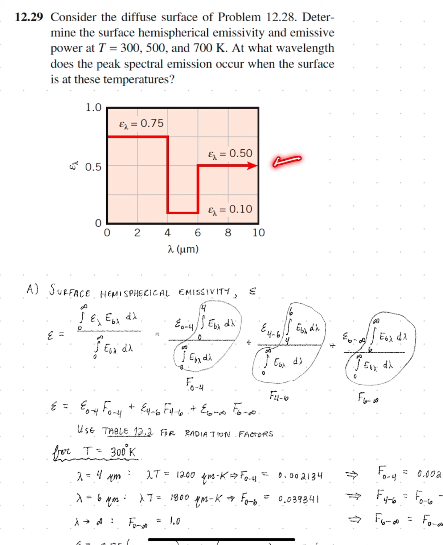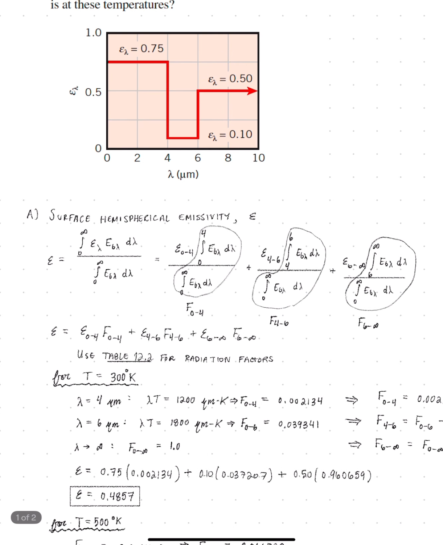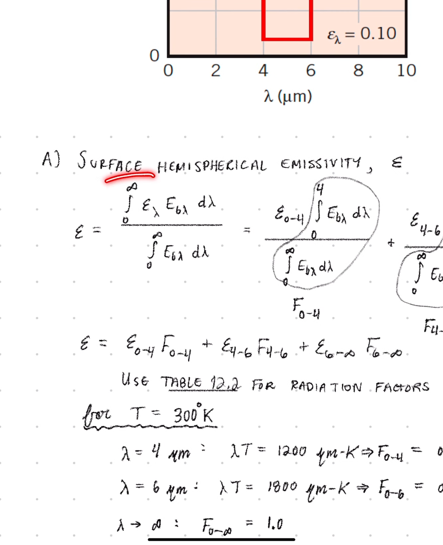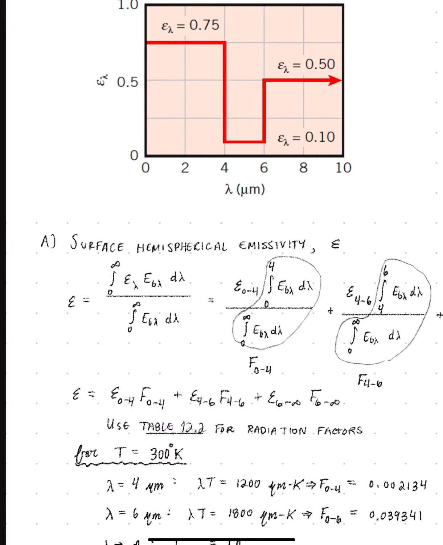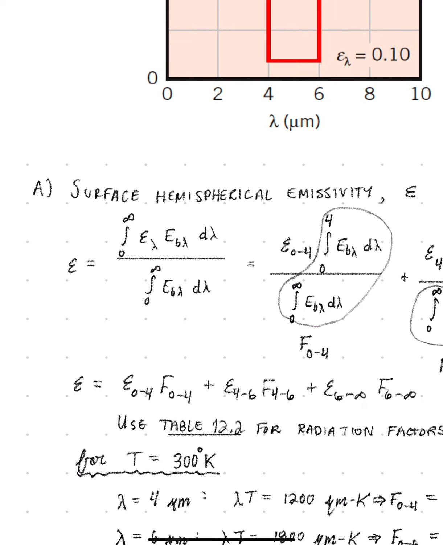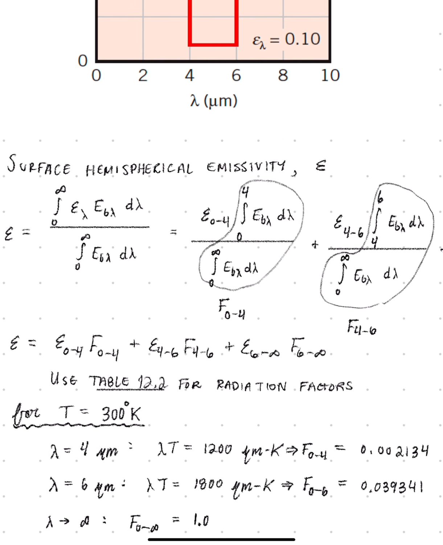This graph here is from problem 12.28 and describes the surface emissivity with respect to wavelength. We first need to find the surface hemispherical emissivity, which is just going to be found using this integral, which is our wavelength dependent emissivity times our wavelength dependent emission power divided by our total blackbody radiation from 0 to infinity.